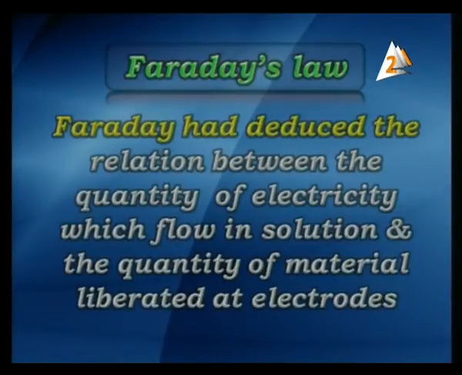Now look at this. Faraday had deduced the relation between the quantity of electricity which flows in the solution and the quantity of material liberated at the electrodes, positive and negative.